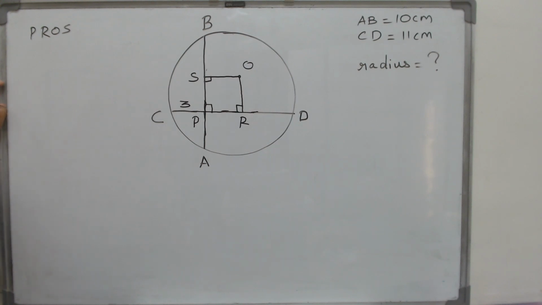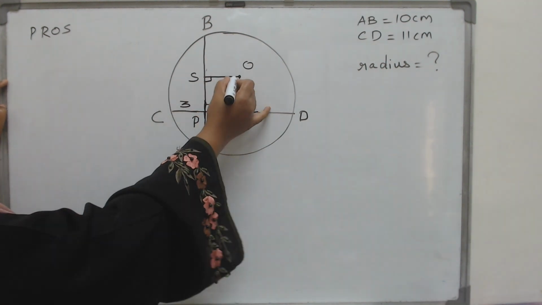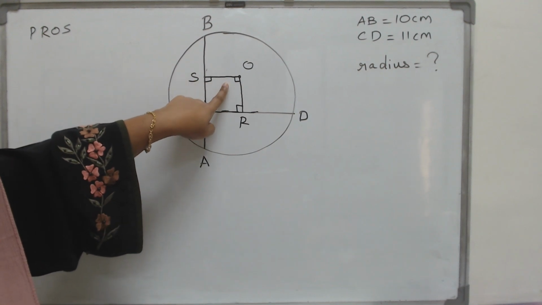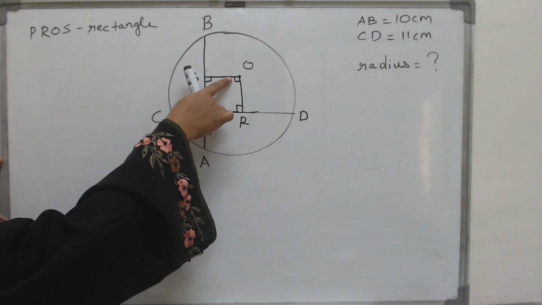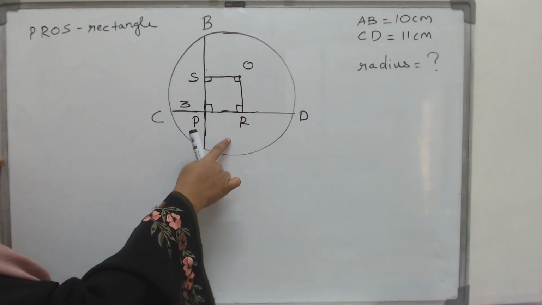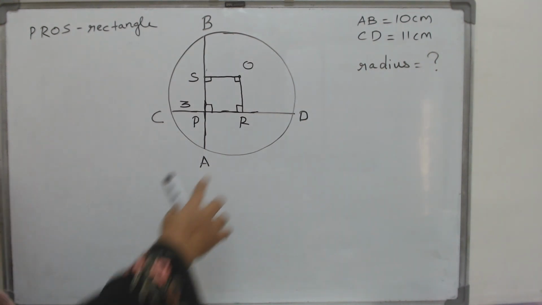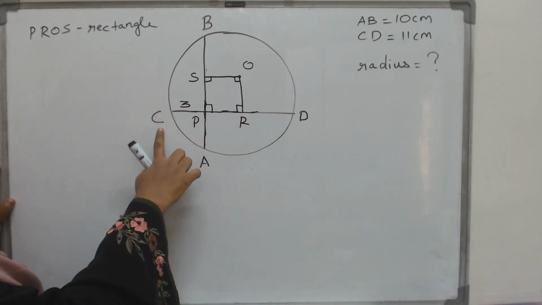Can you tell me why that is? You already have three right angles. Sum of angles of a quadrilateral is 360, which means this is also going to be 90 degrees. Now that we know that it is a rectangle, what will be the measure of its sides? Whenever we draw a perpendicular from the center to any chord, not only will it be perpendicular, it will also bisect the chord, or in other words, R is going to be the midpoint of this CD.